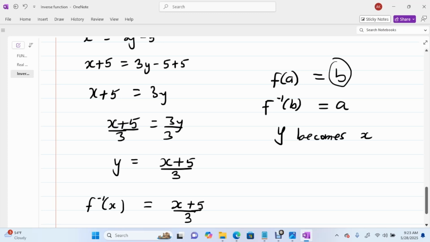And visually, when you are using ordered pairs, we will say if the point A, B is on the graph of f of x, then the point B, A must be on the graph of f inverse of x. This is on f of x, so this B, A should be on f inverse of x.